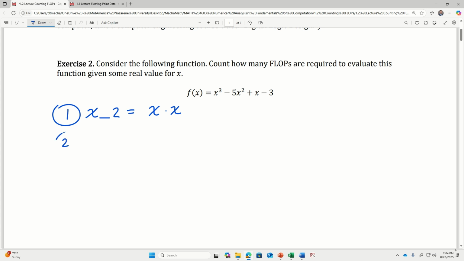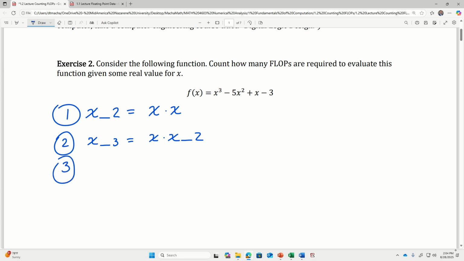The second flop is I'm going to save a value in my computer memory. I can find out what x cubed is if I multiply x times the previous number I saved for x squared. Okay, so that's 2 flops.